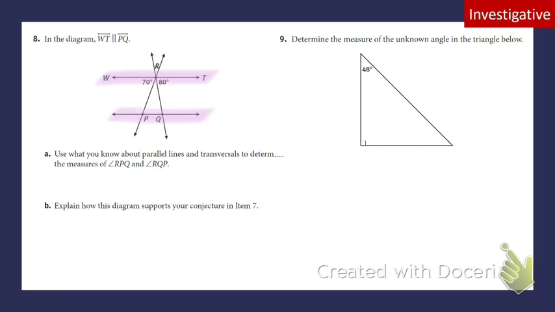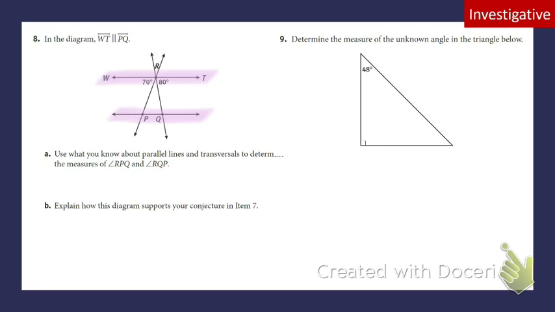Now notice that this figure has two different transversals. We have one here and we have another one here. So it has two transversals in this figure. It says we're going to find the measure of angle RPQ. So I'm going to go ahead and follow RPQ.